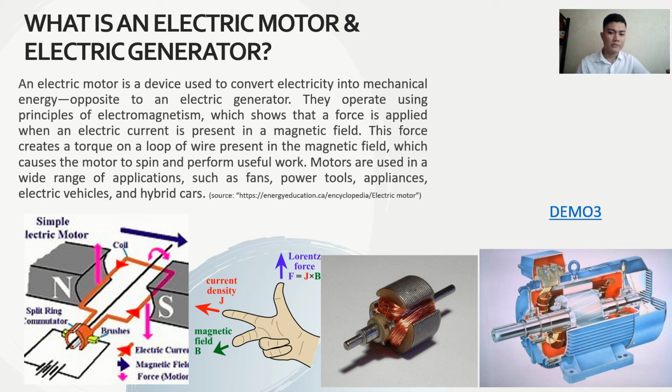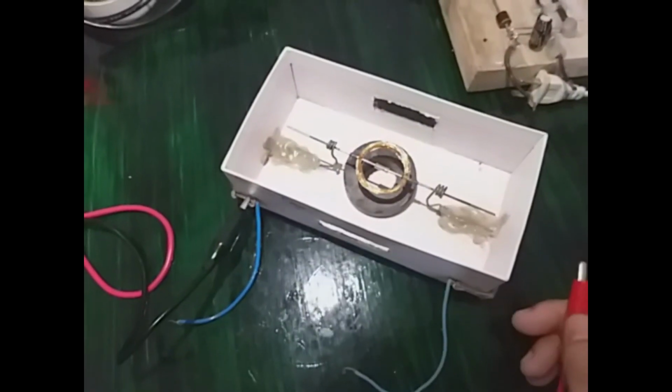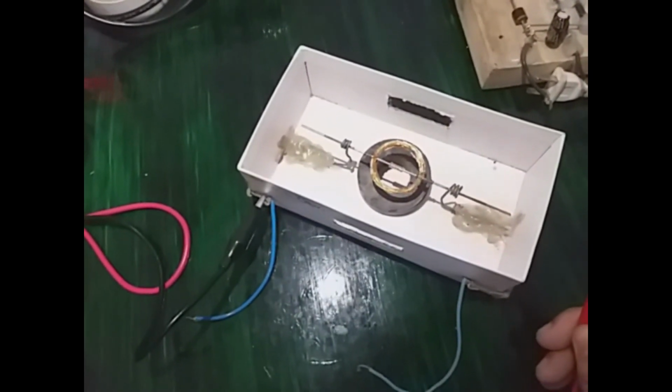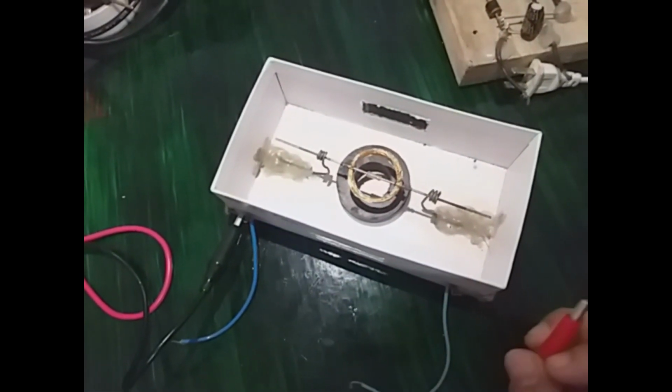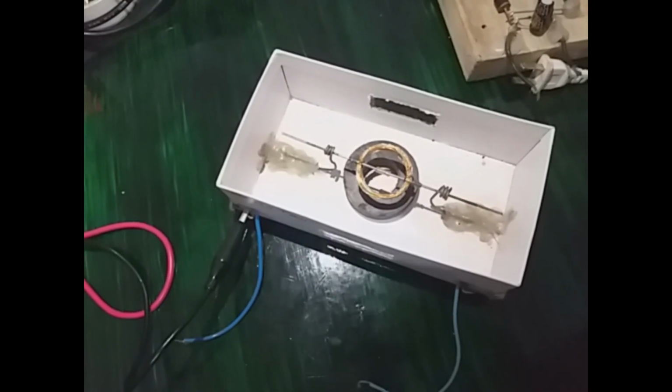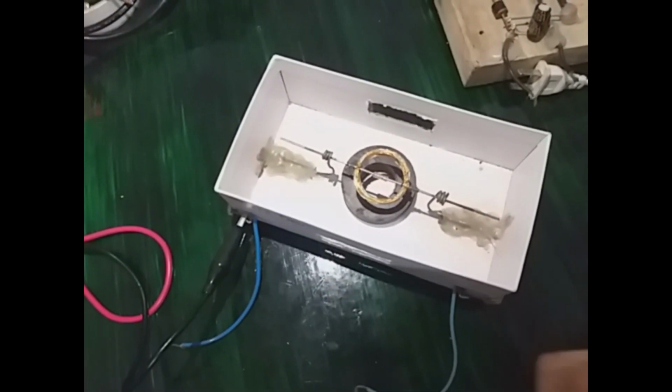So I do believe that to further understand this concept, let us have a demonstration. Now I'm going to show you how an electric motor works. An electric motor is a device that converts electrical energy to mechanical energy.